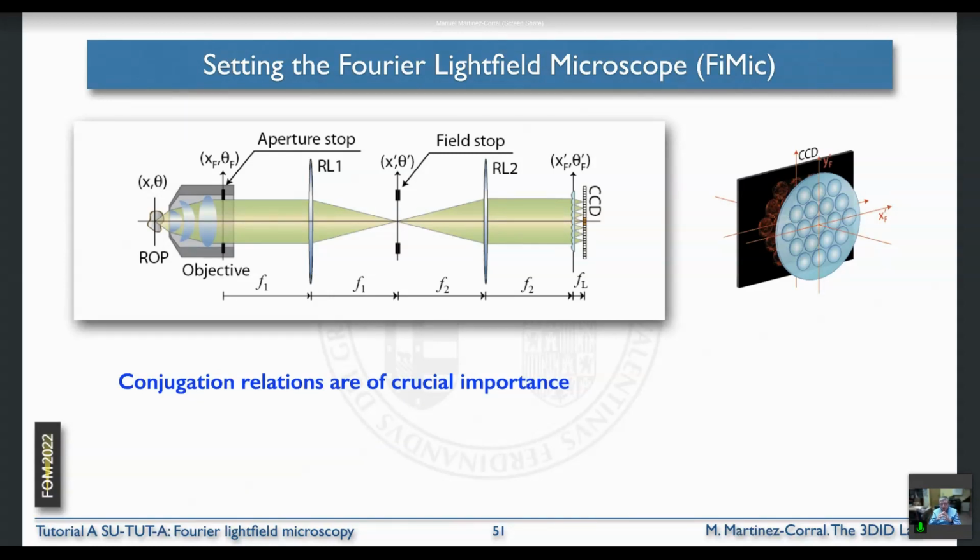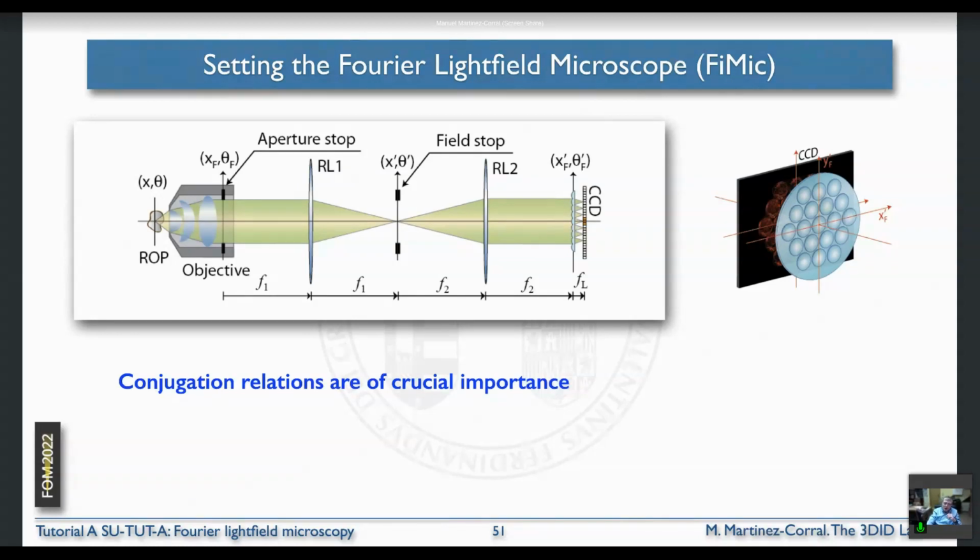So remember that conjugation relations are very important. Elements number 1, 3, and 6 must be conjugated, but this must be conjugated with this, and this, they must be at a given distance, and so on.